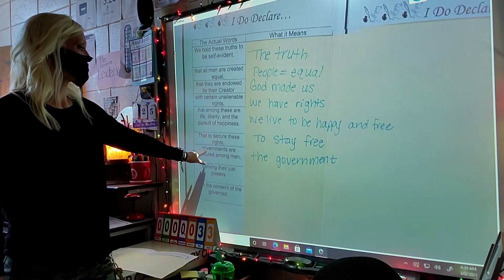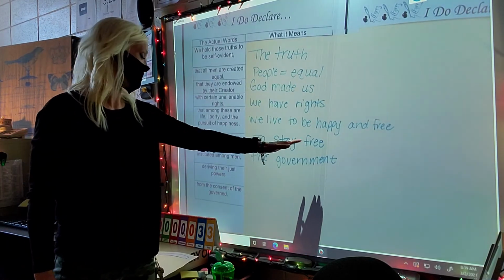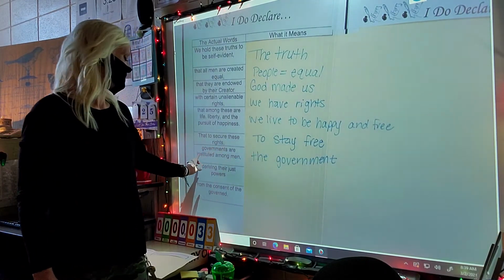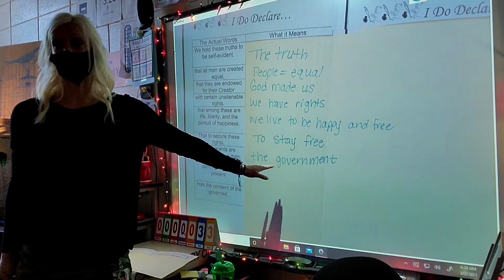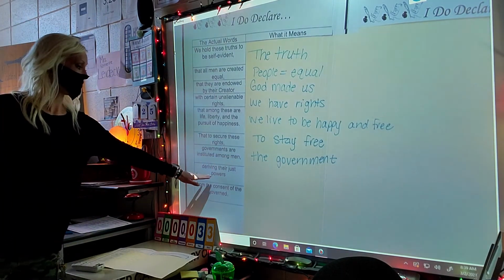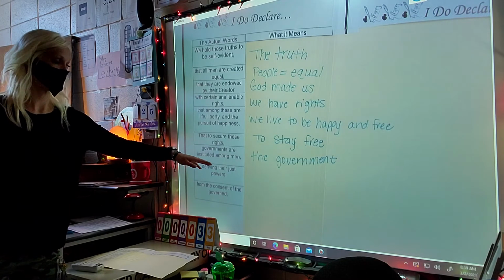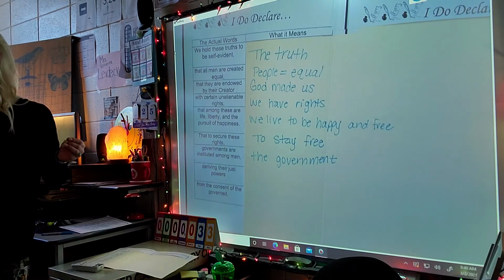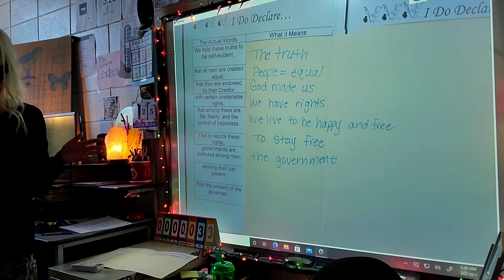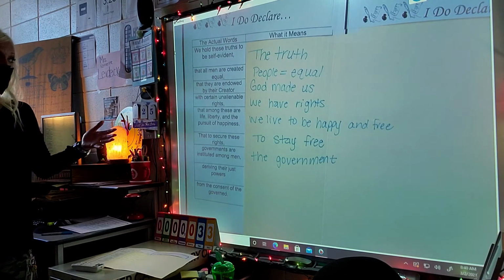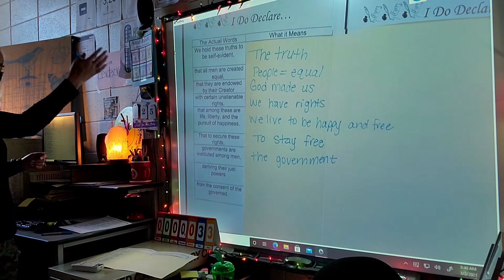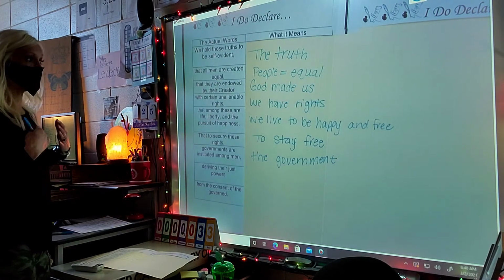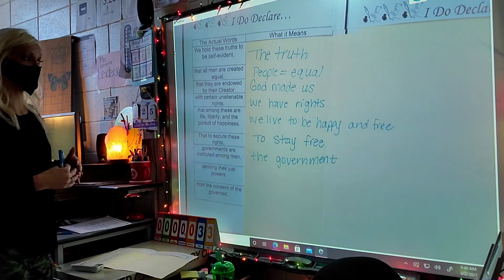That to secure these rights, so to stay free, governments are instituted among men. So the government deriving their just powers. That means that the government cannot be too powerful. That's what was wrong with the King of Great Britain. He was too powerful, and the people had nothing to say or do because he ruled over them. So that's why these were created, so that we could all be treated equal.